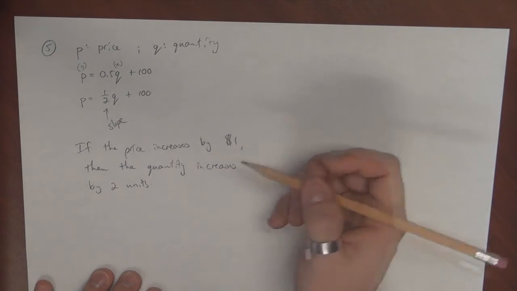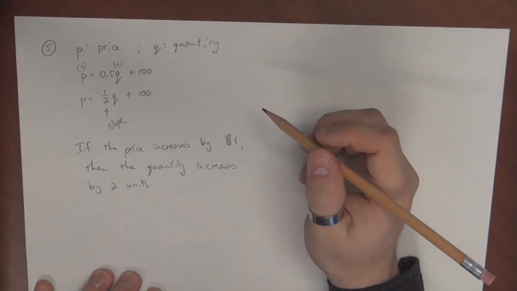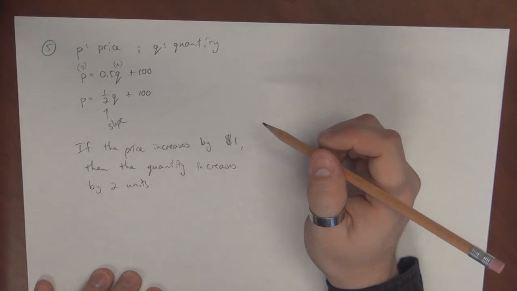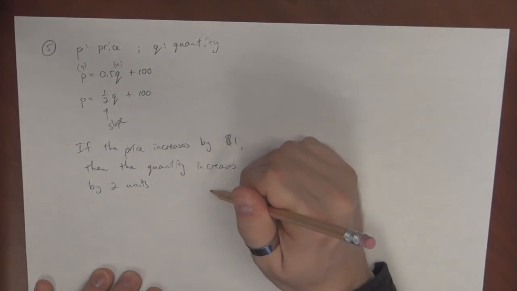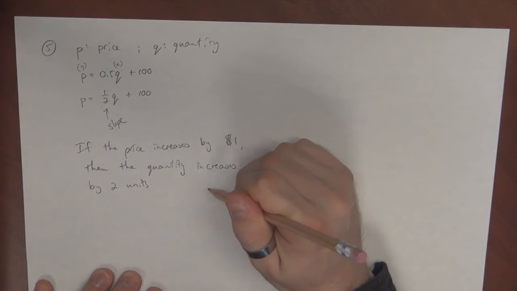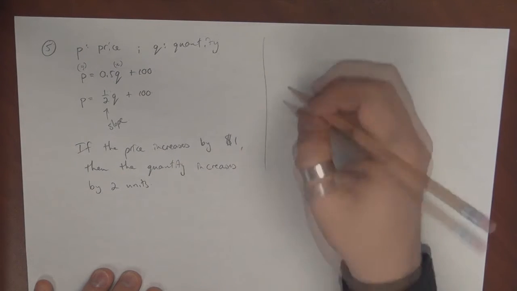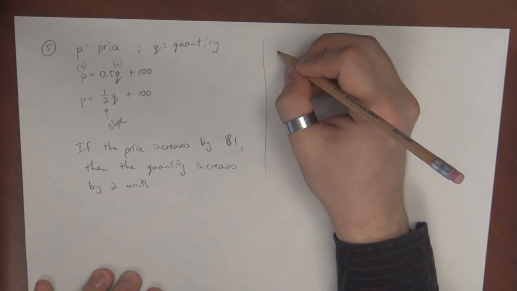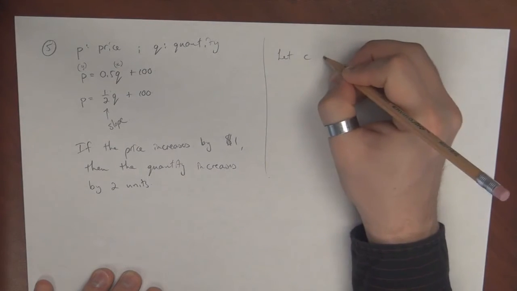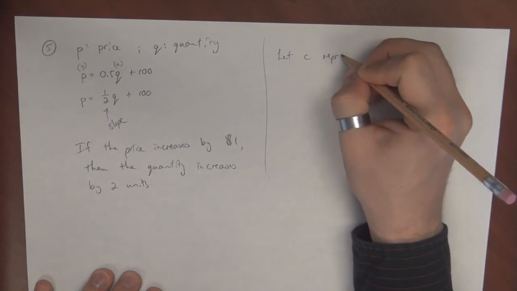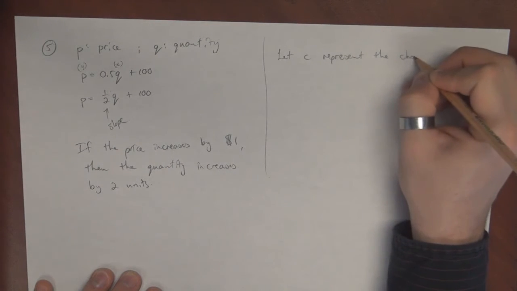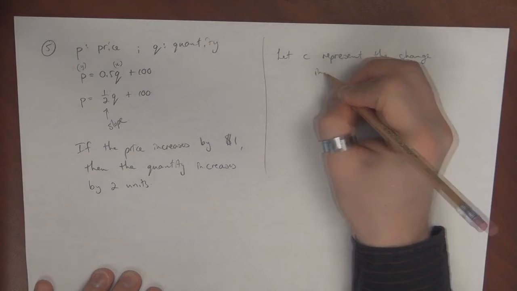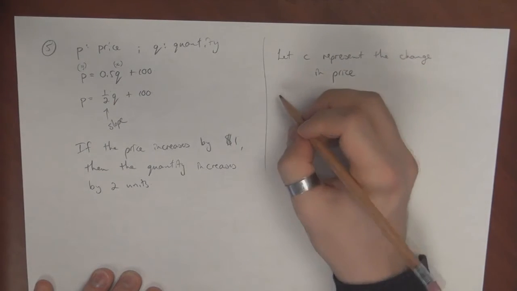Now they ask if the price of a suitcase is increased by $5, how does the supply change? Well, I can use the interpretation of the slope. Let's say C represents the change in the price.